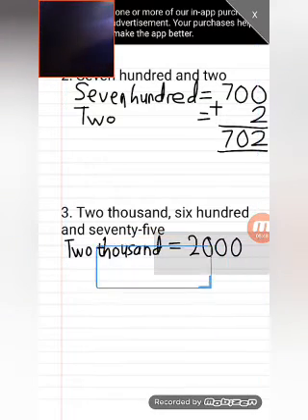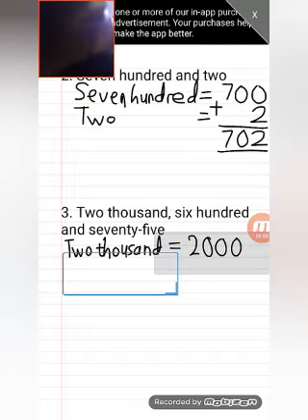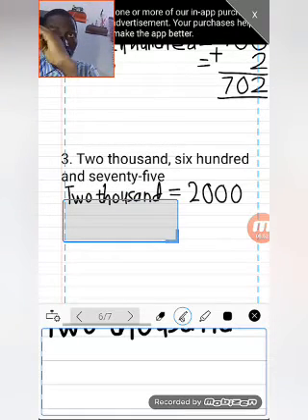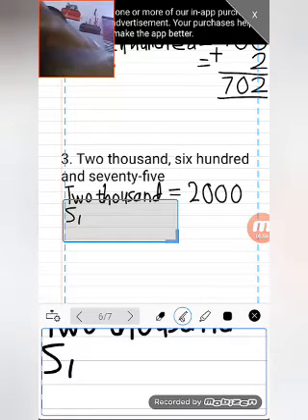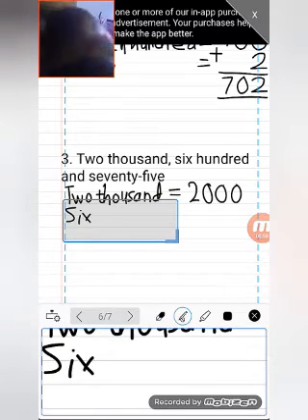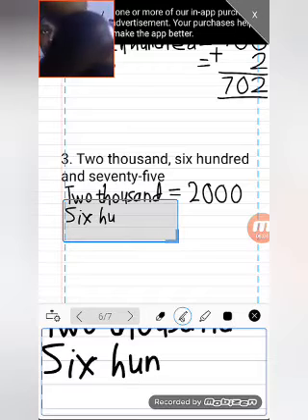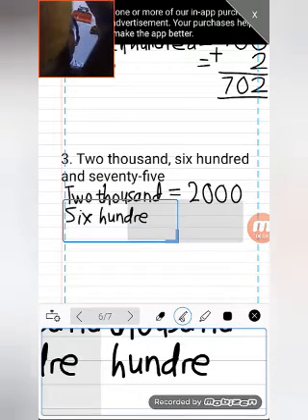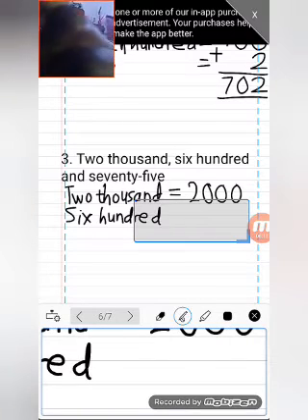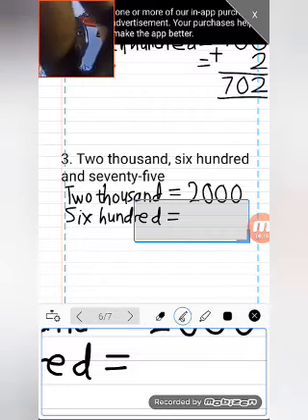Good. Then the next we have here in our reading is 600. How is 600 going to be written?